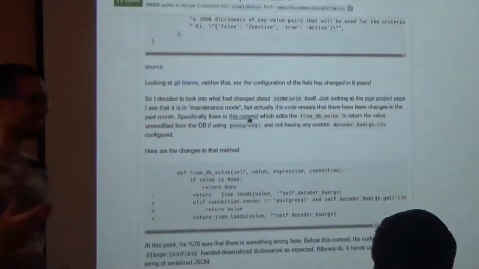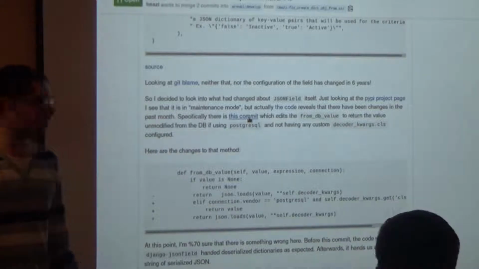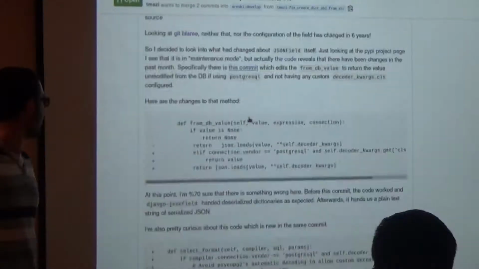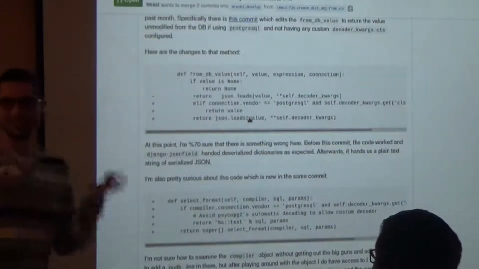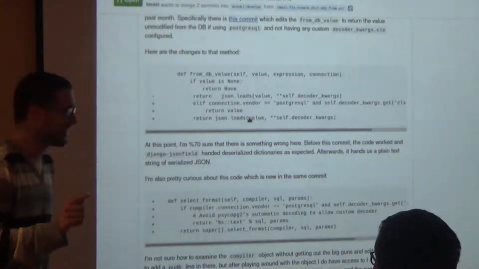Then I actually tested this at the REPL, and I found that it actually works. Despite the fact that commit looks like it's the problem, it's not the problem because the code still works.